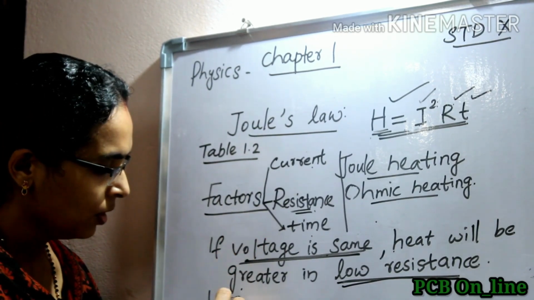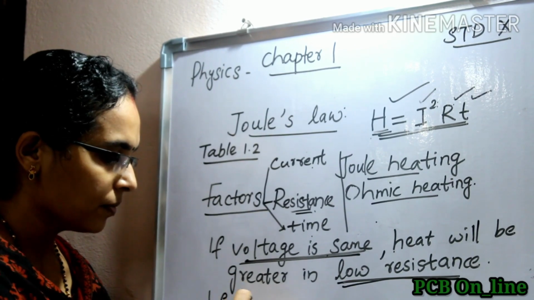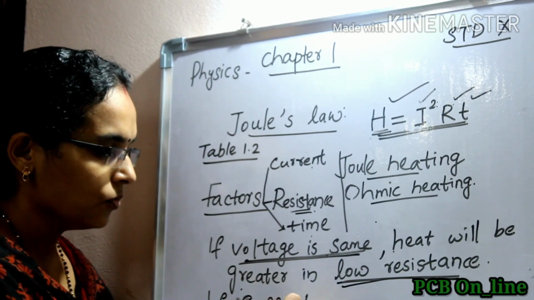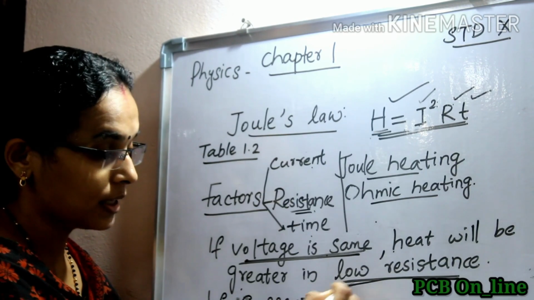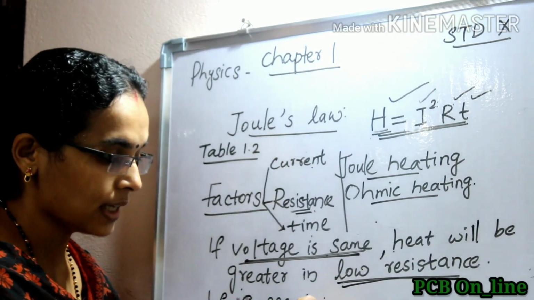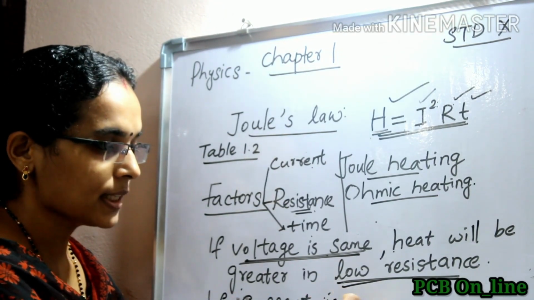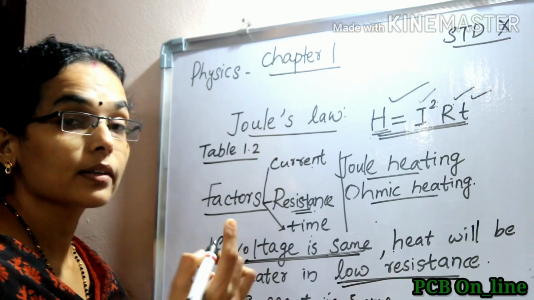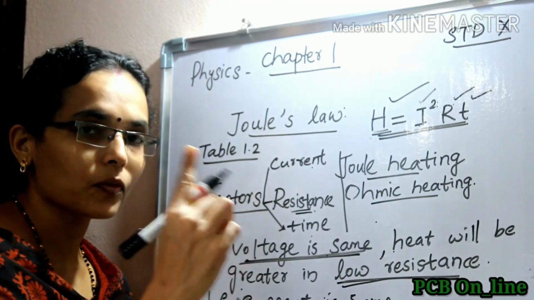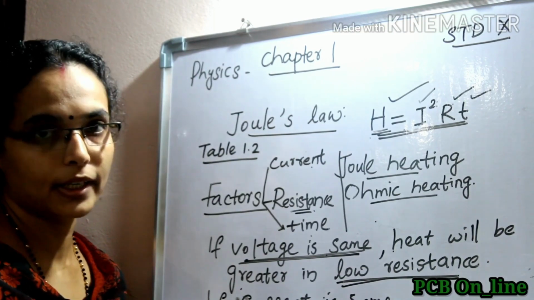If current is the same, that is, if the current available to the resistors is the same, then the resistance is the factor which will determine the amount of heat energy.